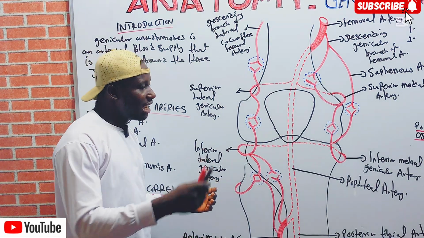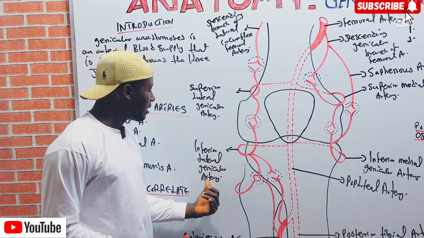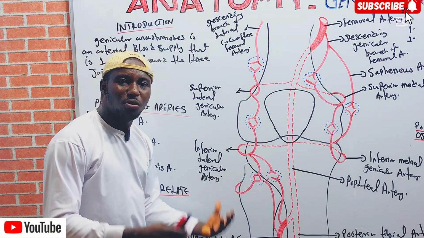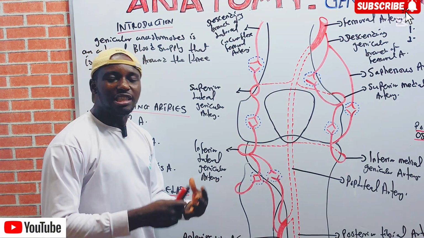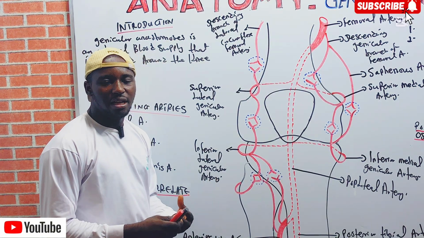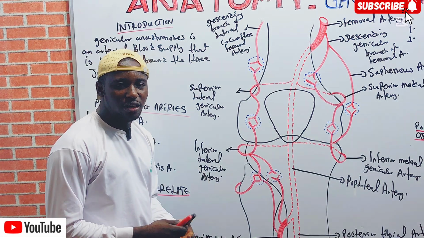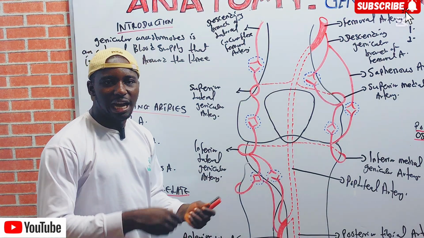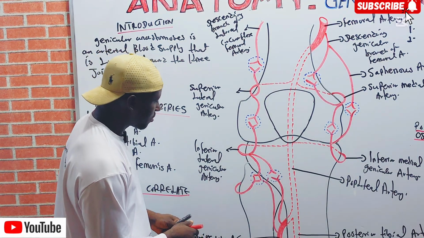Now, here is how it goes. The inferior lateral genicular artery anastomoses with the circumflex fibular branch of the posterior tibial artery. You get? Now watch.